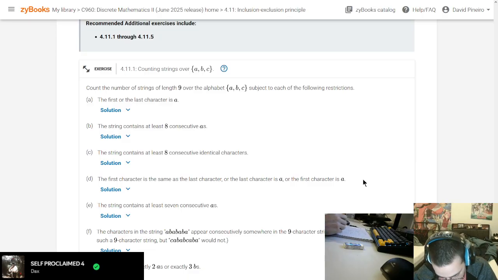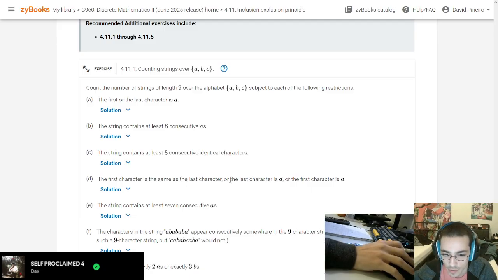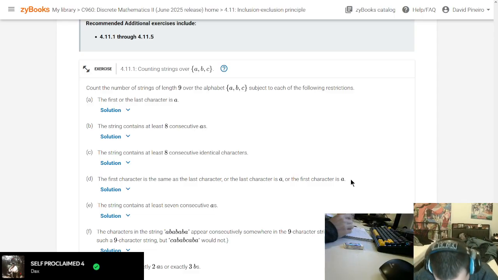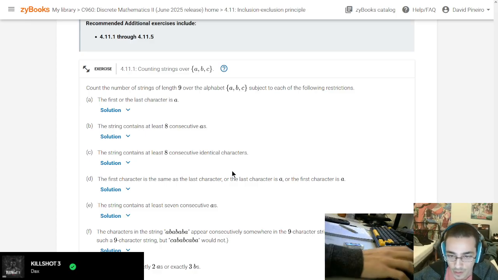Okay, and then we're going to write out the formula, and they want the union of all of these. So, same and last. Okay, wait, what? So the first character is the same as the last character, or the last character is an A.